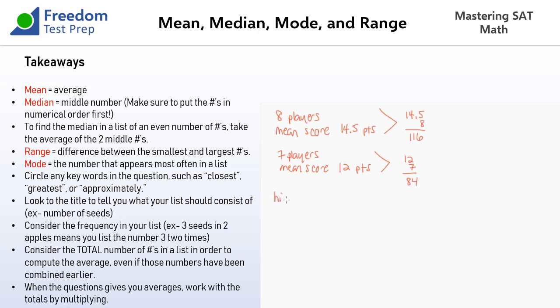And that highest score, remember, has been removed, right? So what we want to do is we want to take that 116 when all 8 players were included, and we want to get rid of the 84, which is the total when there were only 7 players, right, after that highest score was removed. And then we get 32. And this is going to account for the score that was removed. Okay, so the answer is 32.